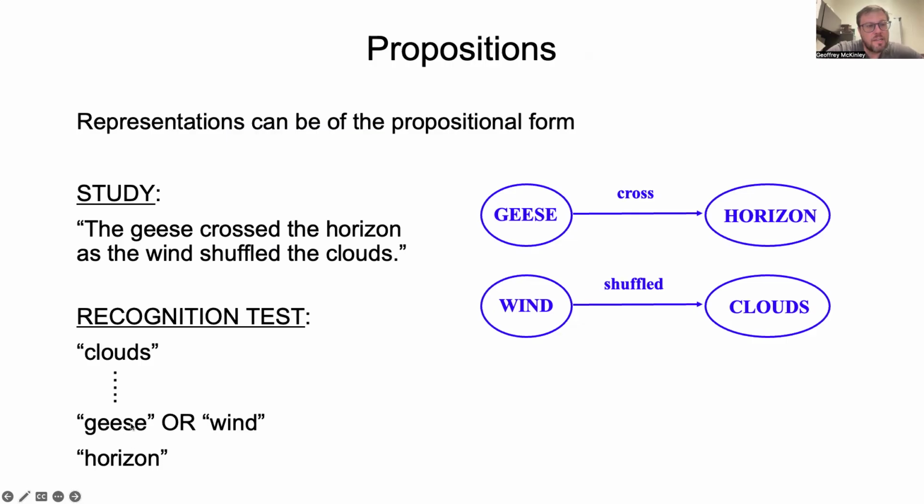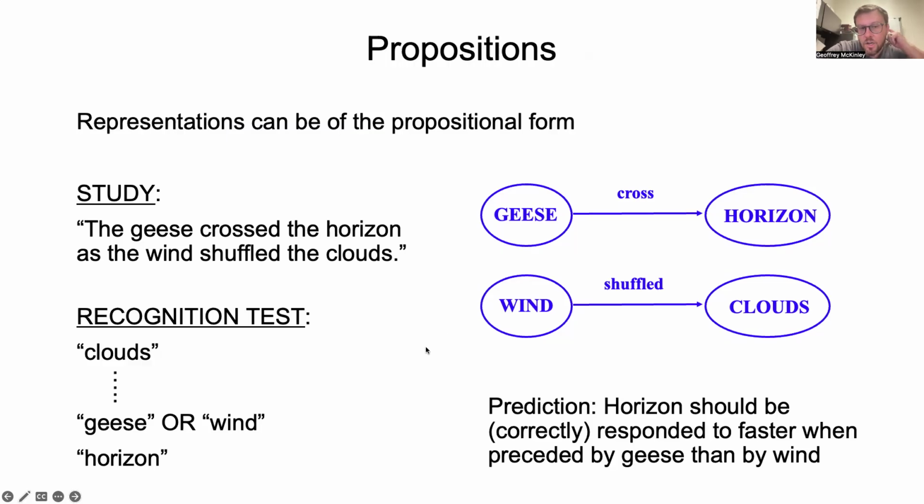So the idea is, does geese prime the concept of horizon faster than the wind concept primes horizon? According to this idea, horizon should be correctly responded to faster when preceded by geese than by wind, simply because geese and horizon belong to the same proposition, right?